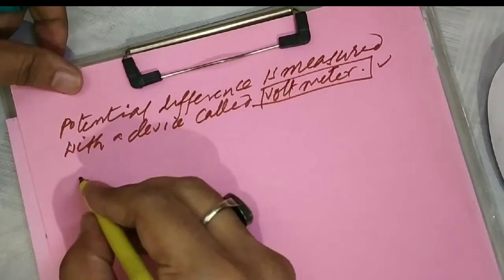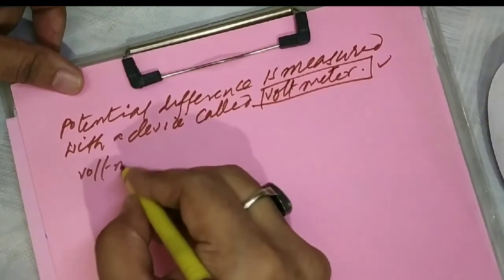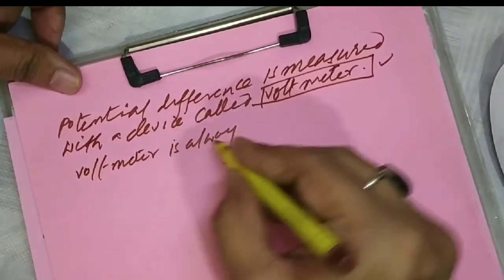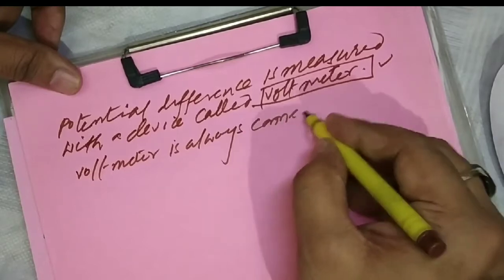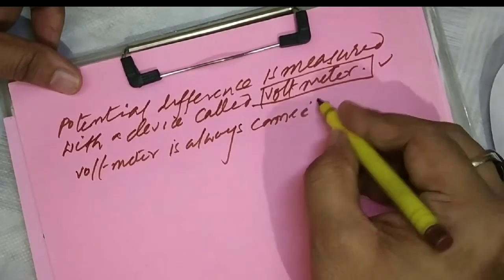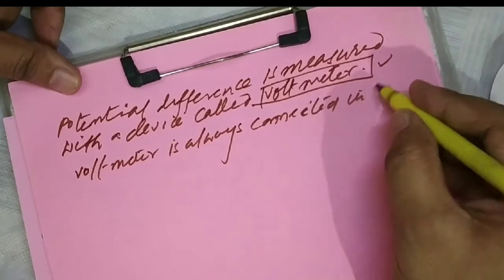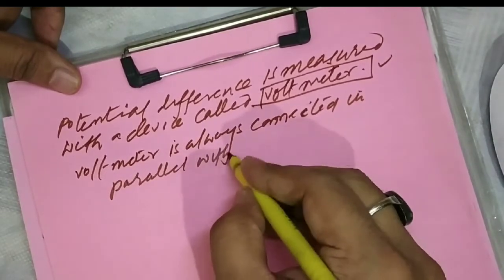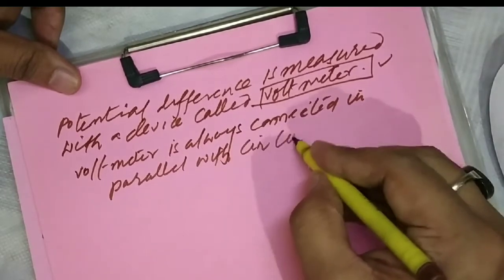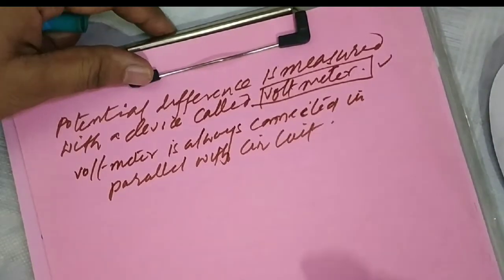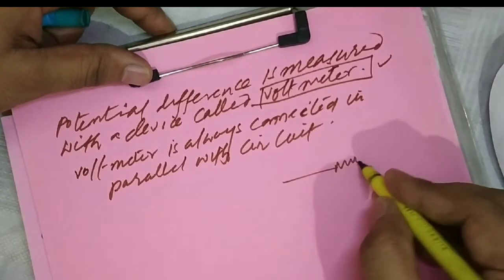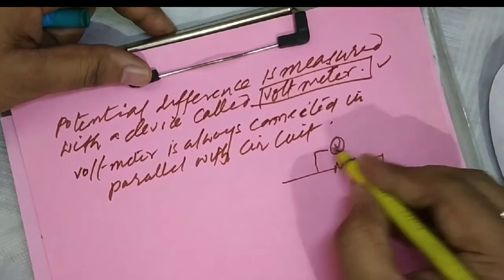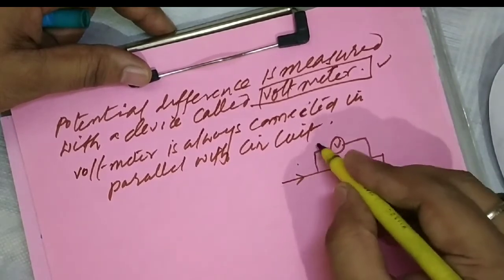And voltmeter is always connected in parallel with the circuit. That means, suppose we want to calculate the potential across a resistance, so we will connect it along this way.